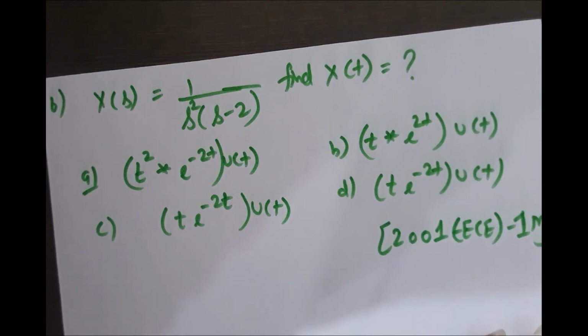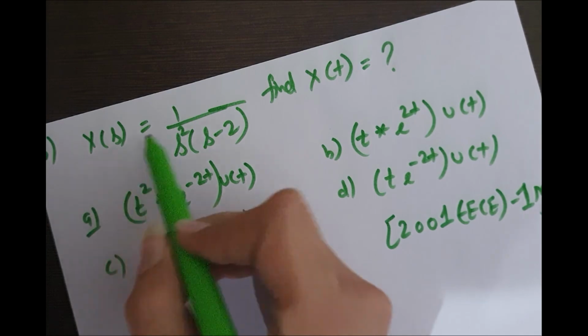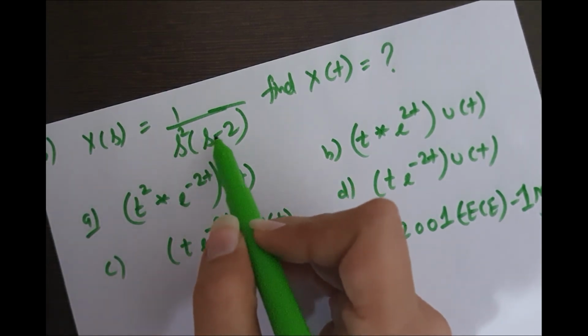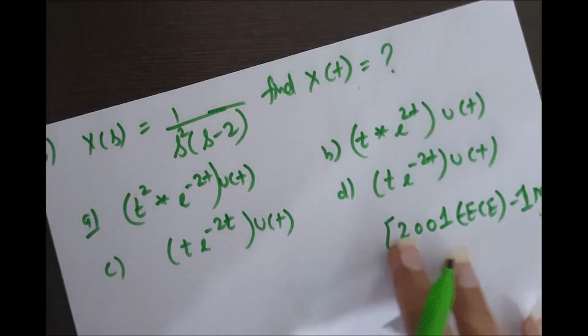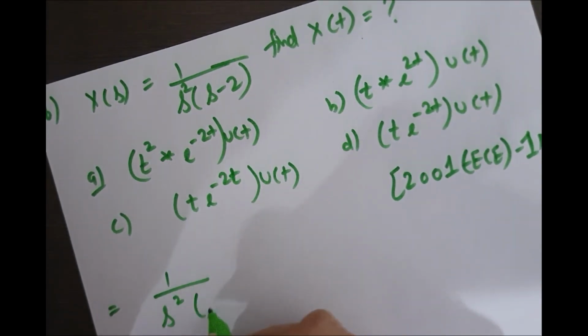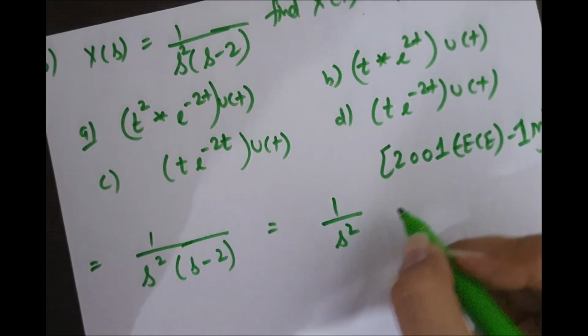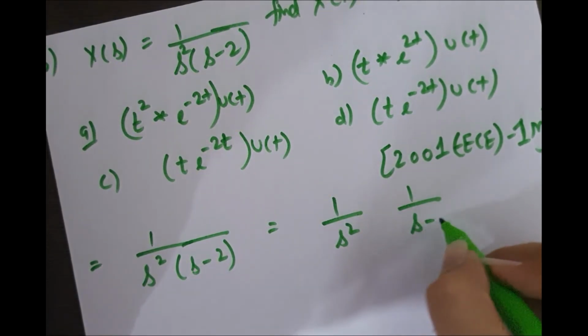Here is the last question of Laplace transform. This is a 2001 ECE 1 mark question. Here X(s) is 1 upon s square (s minus 2). We have to find x(t). To find x(t), this can be written as 1 upon s square into 1 upon s minus 2.